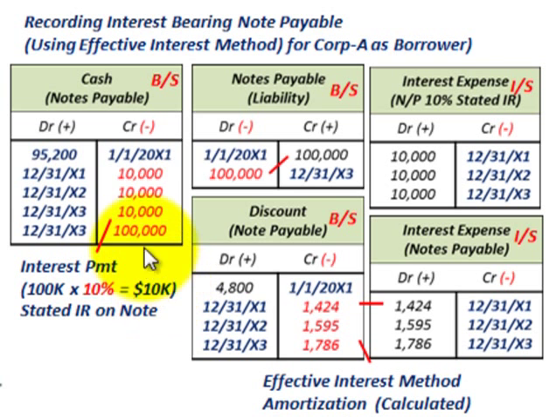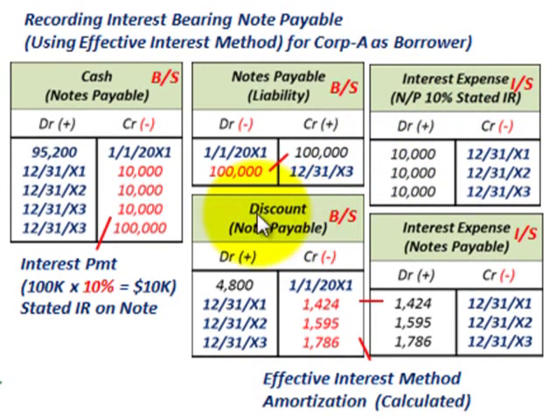So we'd credit or reduce our cash by $10,000 for each of those periods, and then we'd go over to our income statement, the interest expense on that 10% stated rate of interest. We'd just be debiting that for $10,000 each period on our income statement.